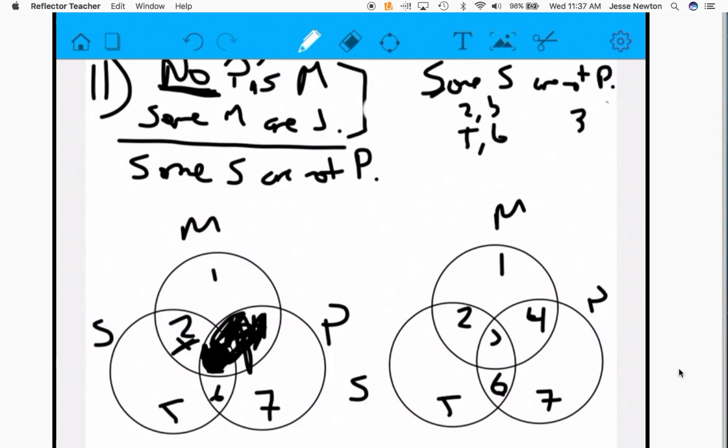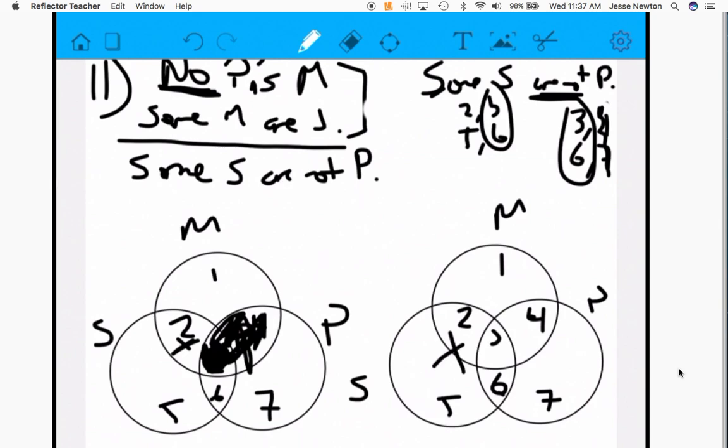And P is 3, 4, 6, and 7. Circle the regions of overlap, 3 and 6. Scribble out this, and we're saying are not. So it's are not in 3 and 6. So that means that if it's not in 3 and 6, we have to put it right here.